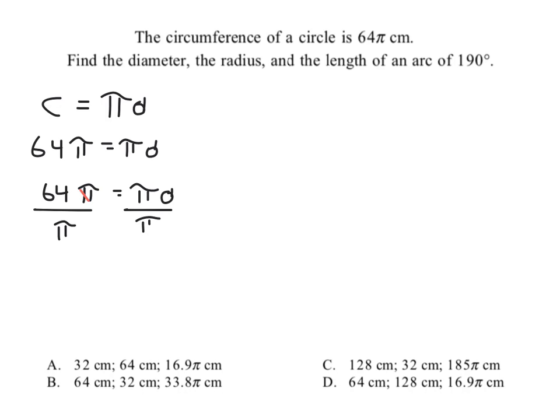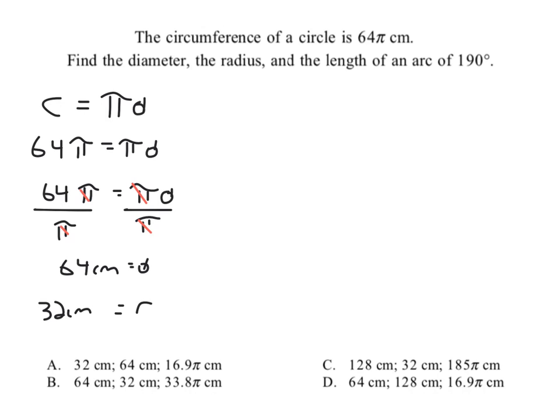And those cancel out, and what you're left with is 64 is what the diameter is. Okay? 64 centimeters. And of course, the radius is half of that amount. So the radius is going to be half of that, or 32 centimeters.